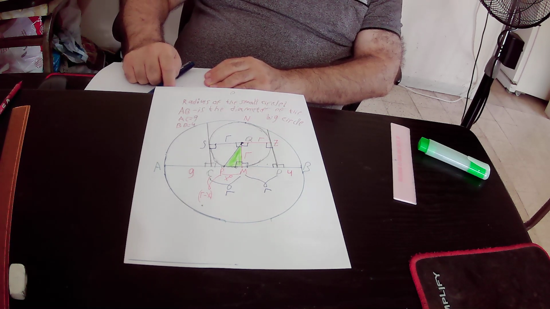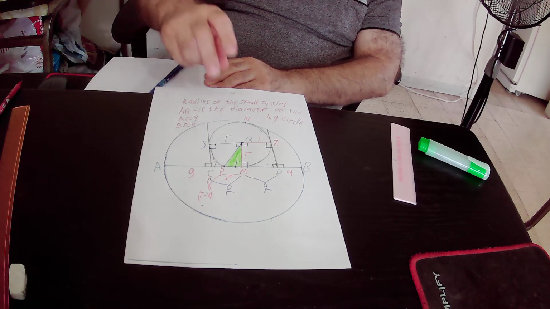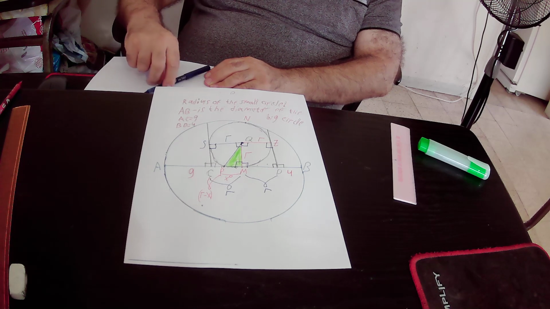And in right triangle QMP, the square of the hypotenuse is PQ square.